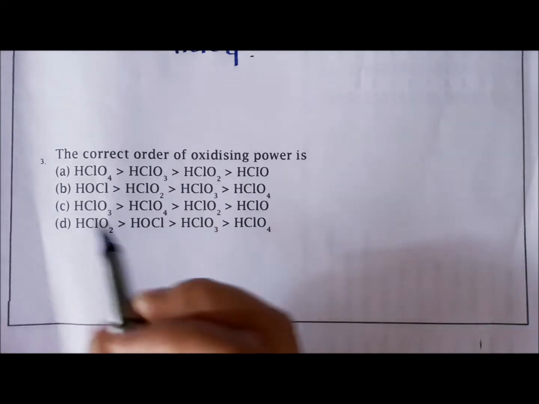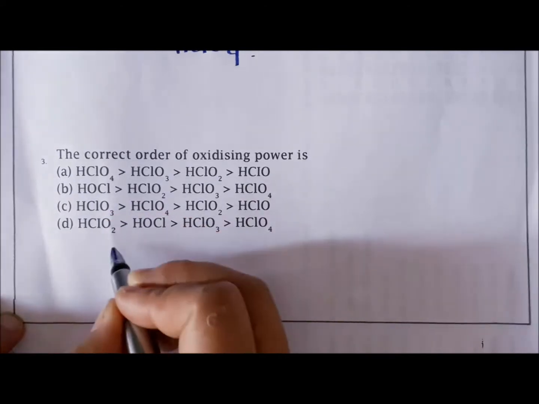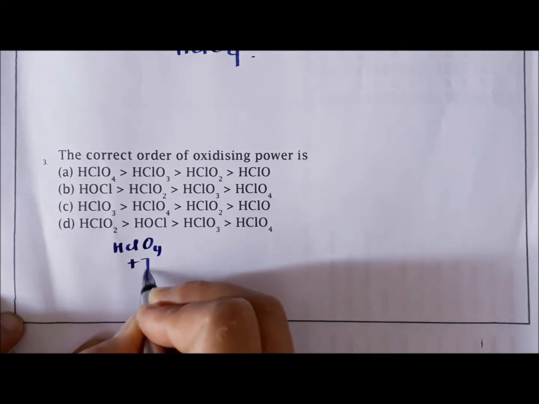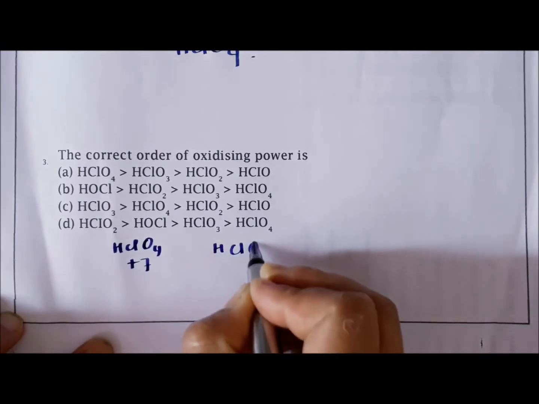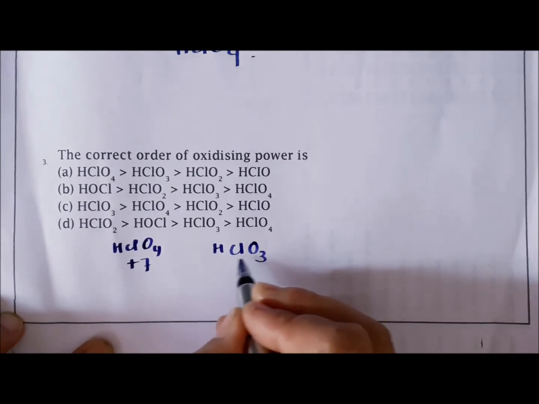Now again, here you need to check the oxidation number state. If you compare HClO4, its oxidation number here is +7. Then HClO3, the oxidation state here is +5.